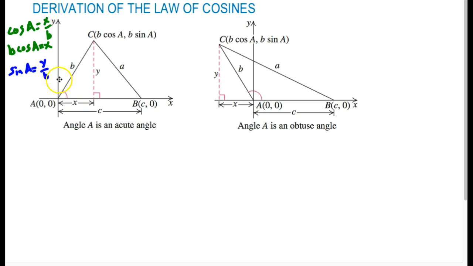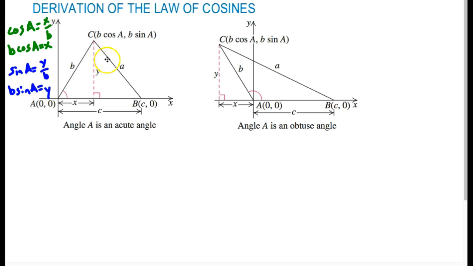So again, to solve for y, I can just multiply by b and say that y is equal to b times the sine of A. So that gets me coordinates for this point. Now that would be true no matter what the value of b, no matter what the value of angle A is. These would be the coordinates of point C.